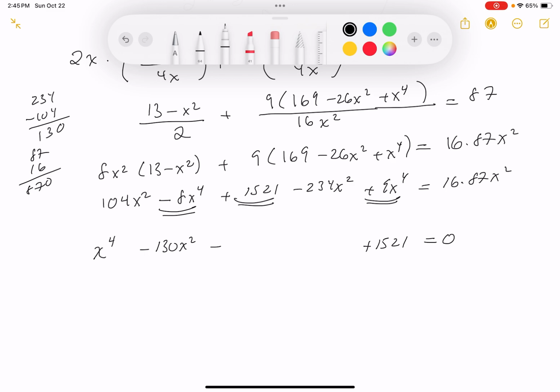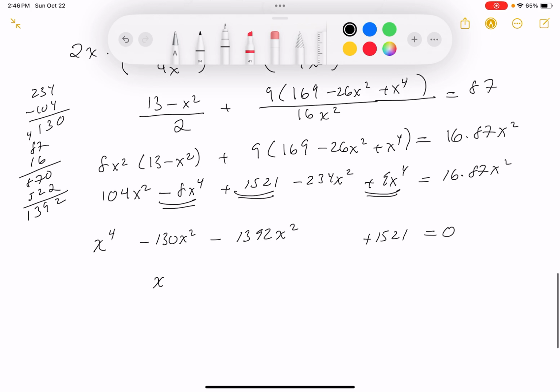And then I got, let's see what you get there. 6 times 7 is 42. 6 times 8 is 48, 52. 1392. Well, more work to do. These are big numbers, right?